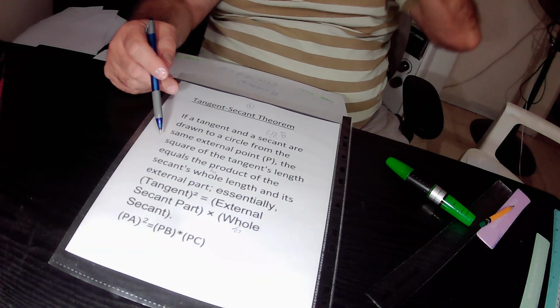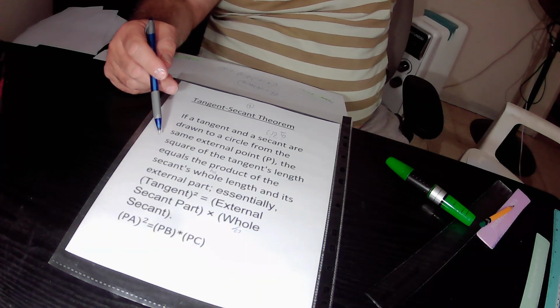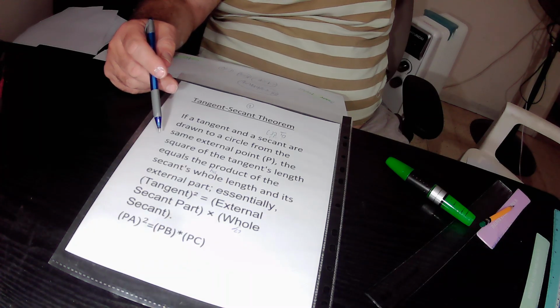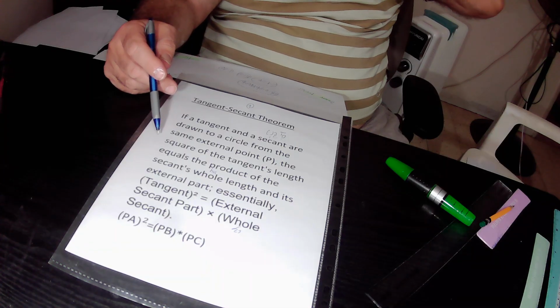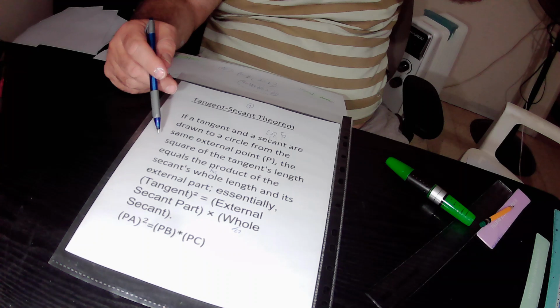So, if a tangent and a secant are drawn to a circle from the same external point P, the square of the tangent length equals the product of the secant's whole length and its external part.